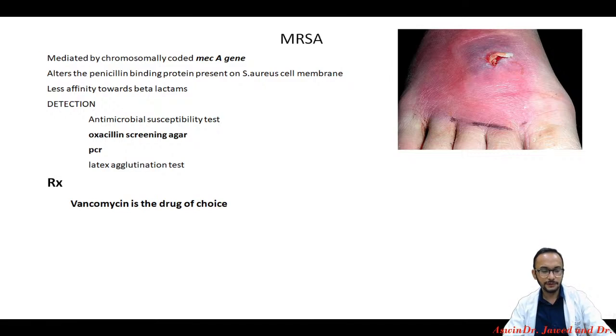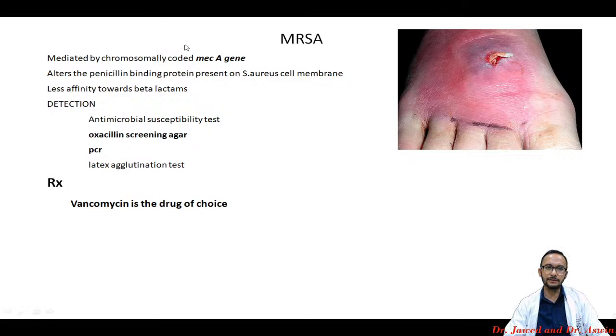And one of the important things about Staph aureus is MRSA, methicillin resistant Staph aureus, which we usually encounter in our hospitals as a hospital infection causing organism.